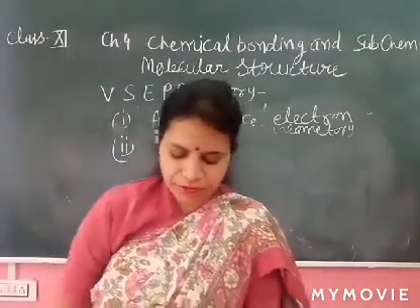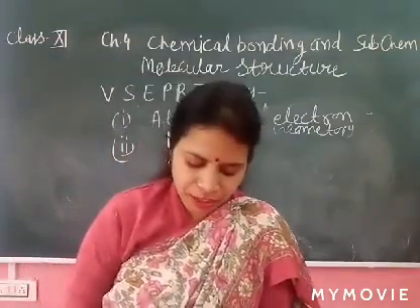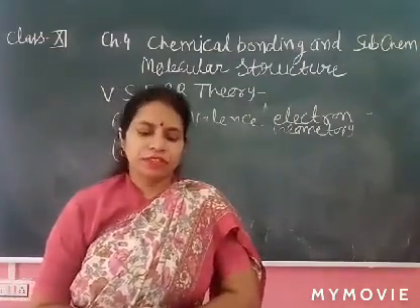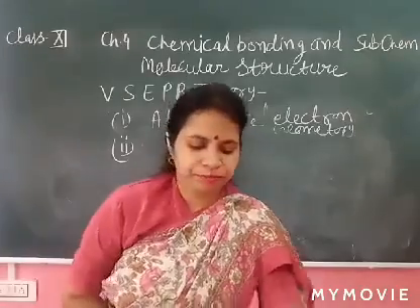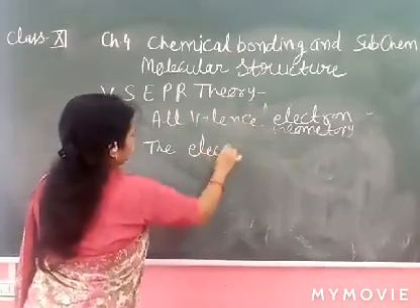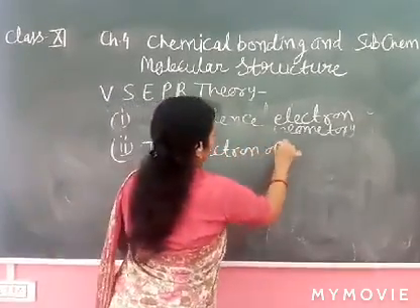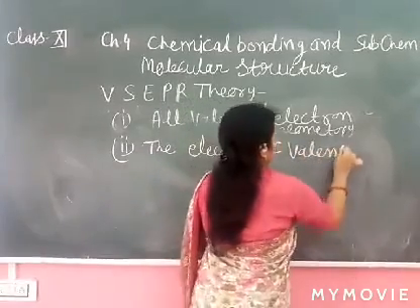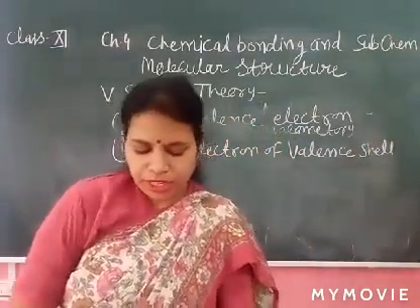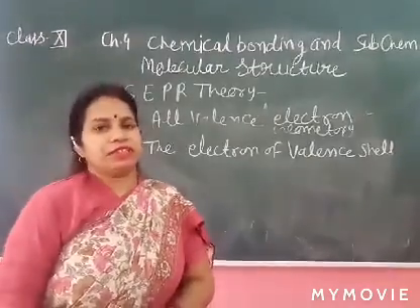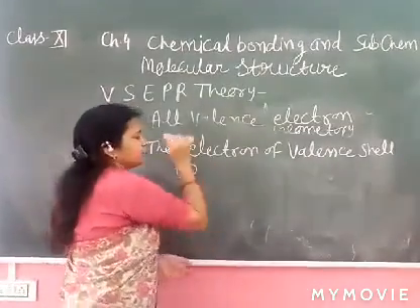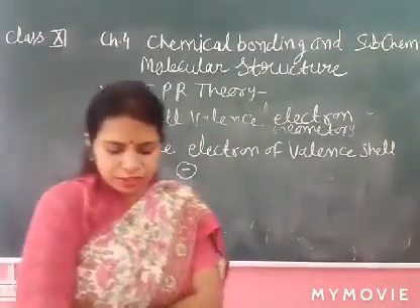The electron pairs in the valence shell tend to repel one another because their electron clouds are negatively charged.